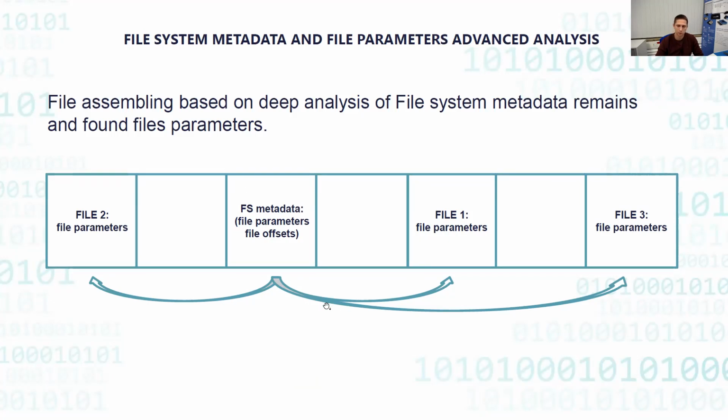So the system will know where this file, where this block, should be placed in the result image. And that's what it does for all the matches, all the files and file parameters and the file records which are found in the file system metadata. That's the very first step in this assembling.